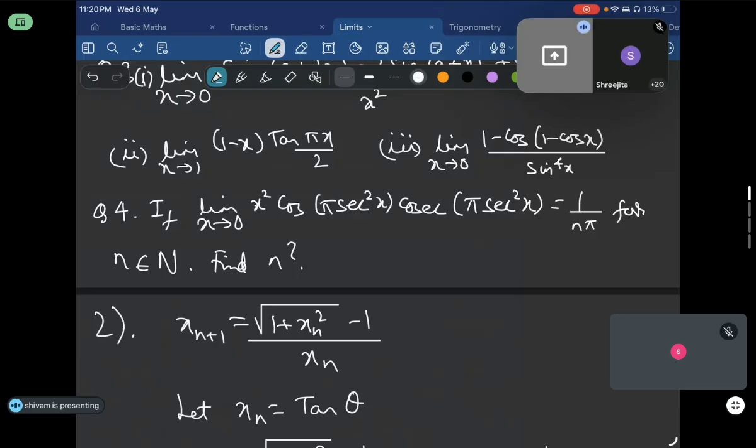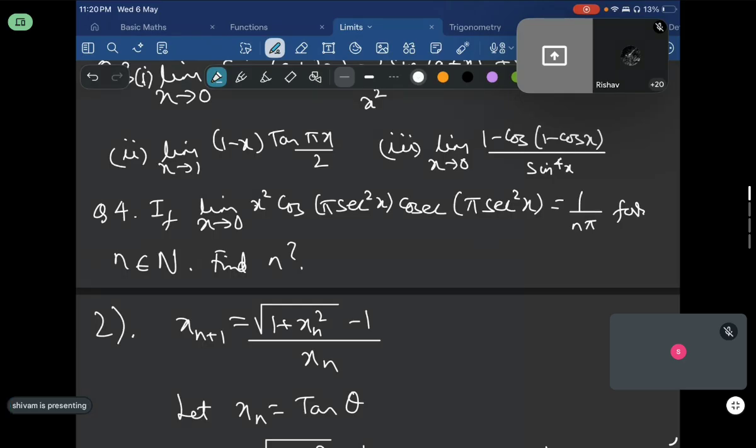Part 3 is very easy, everyone. You just have to convert it into standard forms. Sir, could you check part 3? Yes, Rishabh, part 3 is correct.